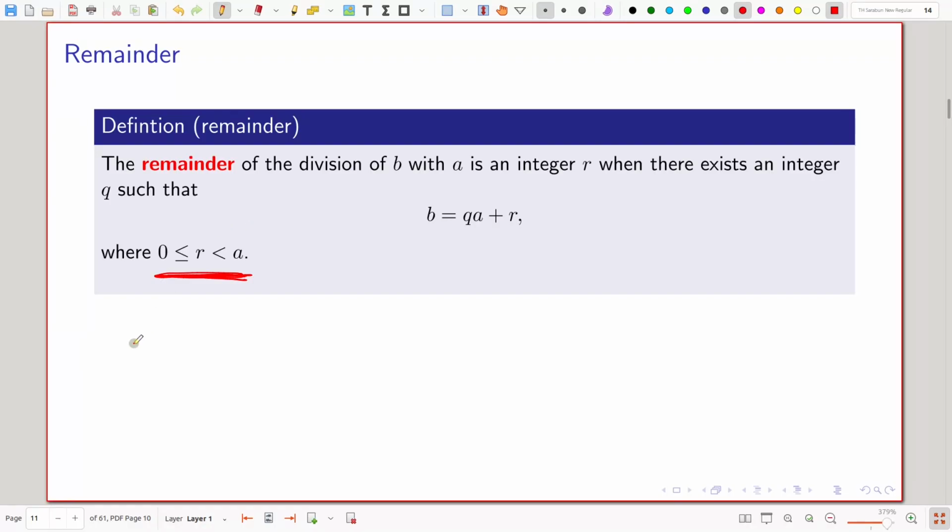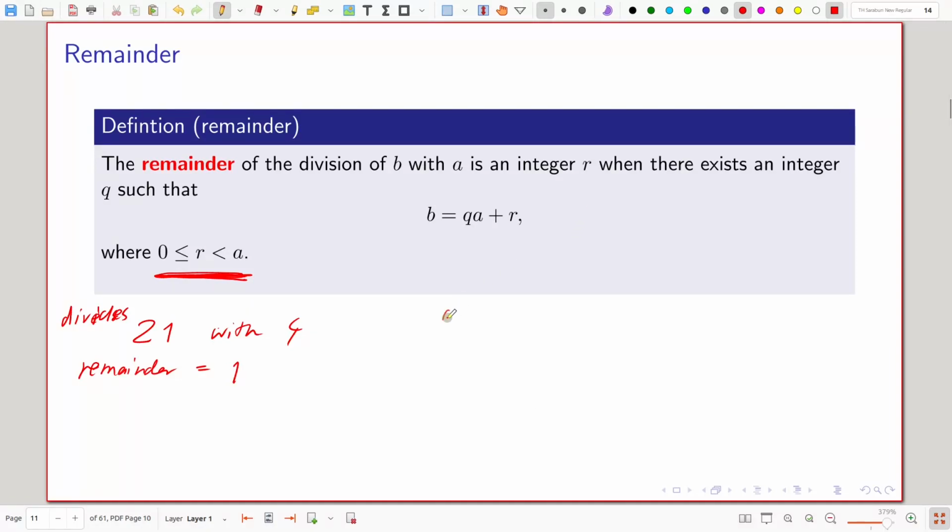Like if you have 21 and you divide 21 by 4, you get the remainder equal to 1, right? So that's easy.